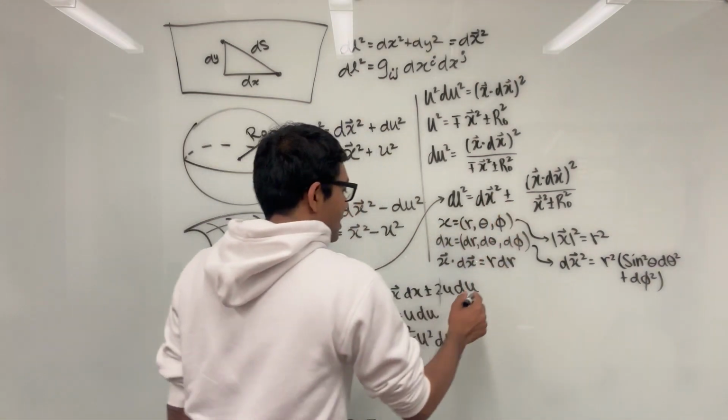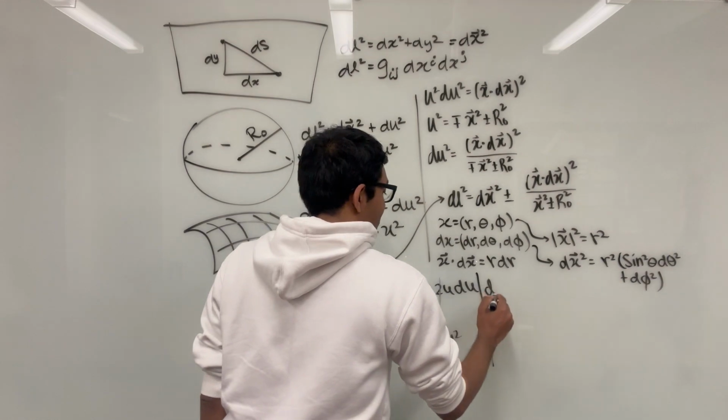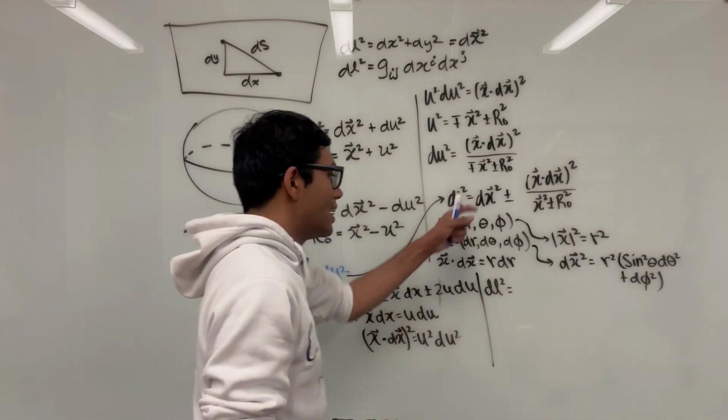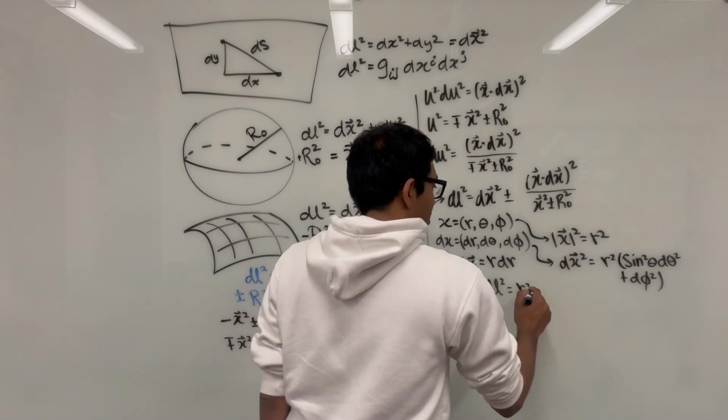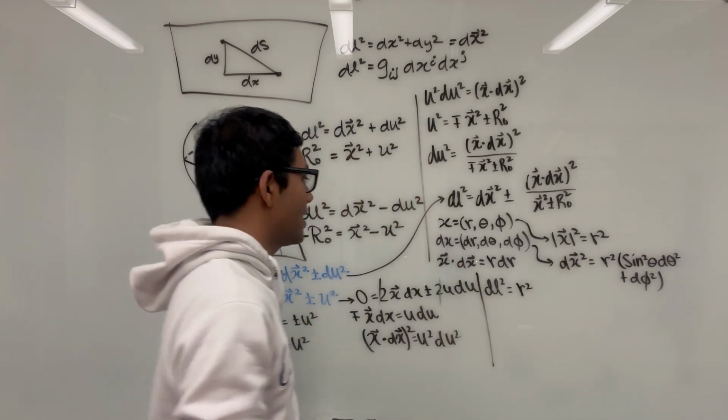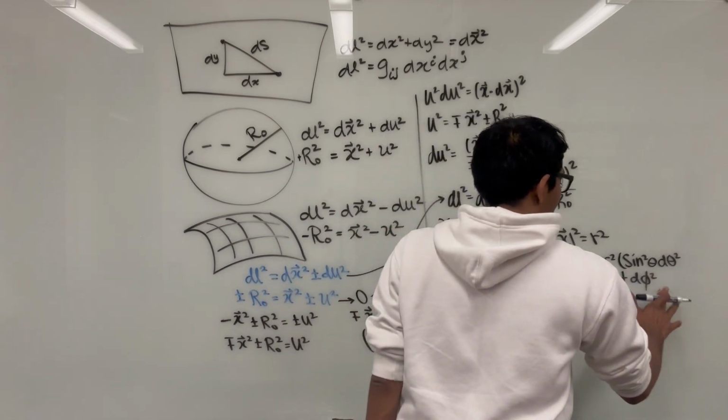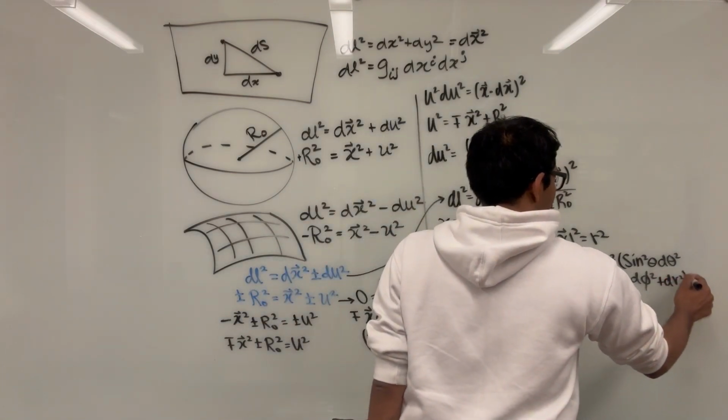So now we can come over here and replace everything as follows. dl squared is equal to dx squared, which is simply this. So that's r squared, and actually I should also have a plus dr squared here.